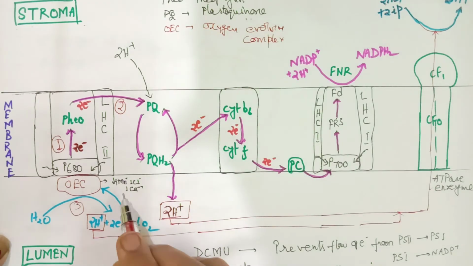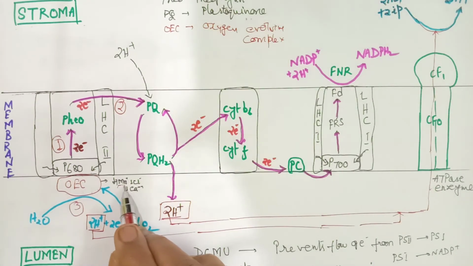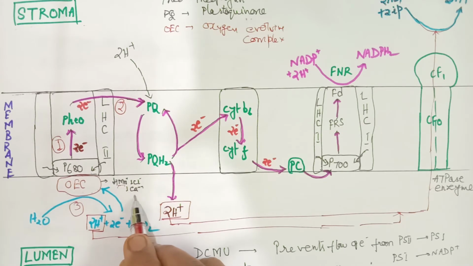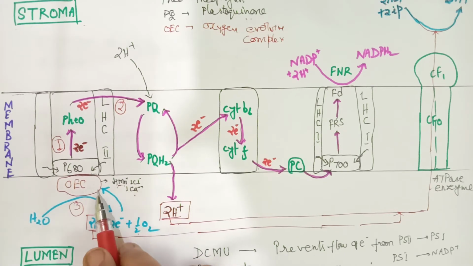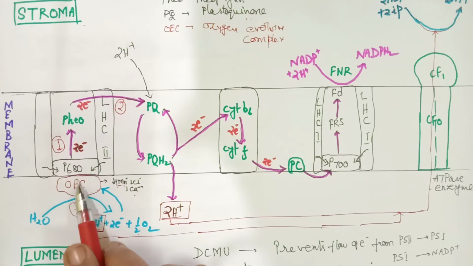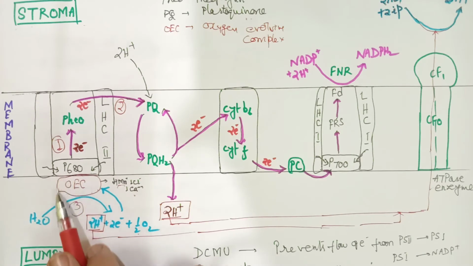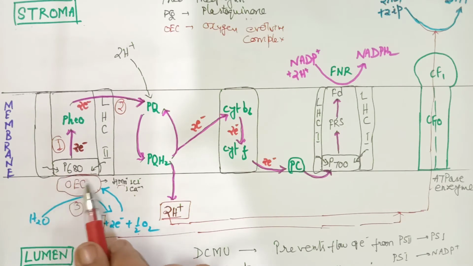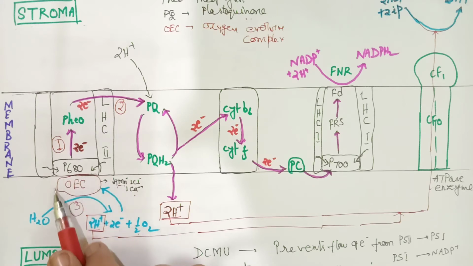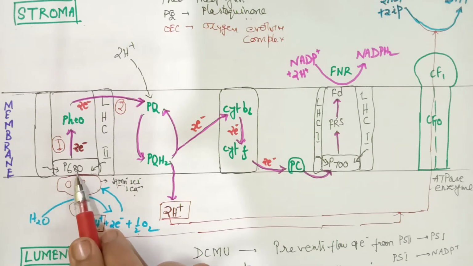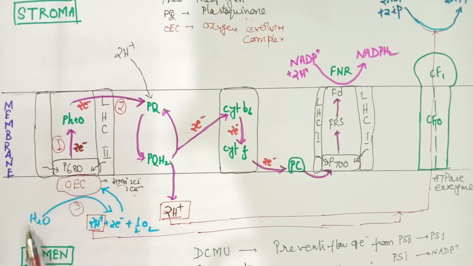It consists of 4 manganese ions, 1 chloride and 1 calcium ions. It is a protein. It carries this electron through this protein. The electrons reach P680. Finally, this oxygen evolving complex transfers electrons to P680. So this photolysis of water is the third step.